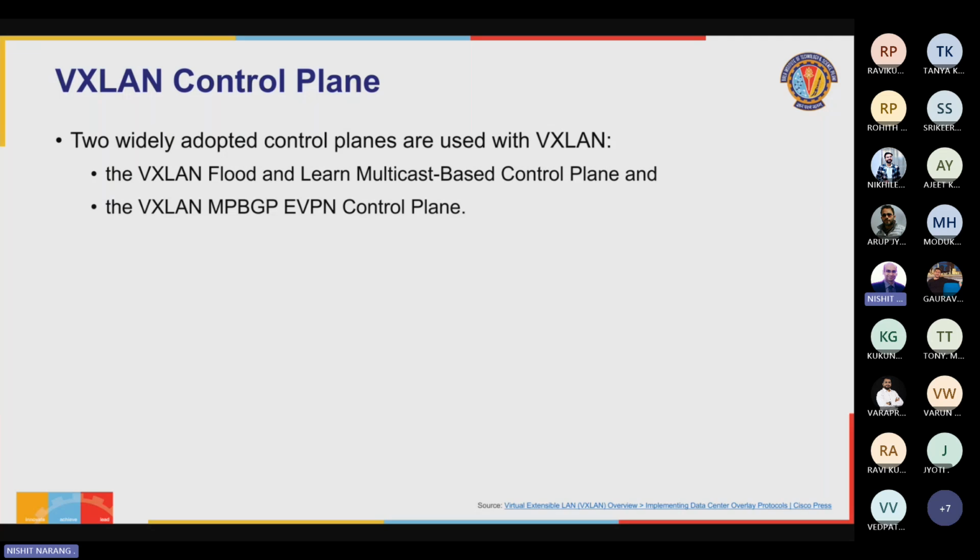So even in the general sense in the internet, the layer 3 control plane protocol was exchanging reachability information. In the VXLAN control plane, for the overlay network to work, we are doing the same thing. We are exchanging reachability information of destination nodes via a VTEP. Okay. So there are two widely adopted methods that are possible to use with VXLAN for exchange of this information.